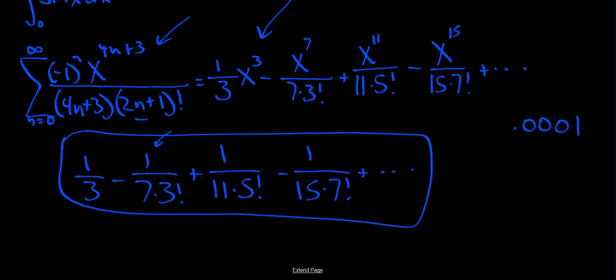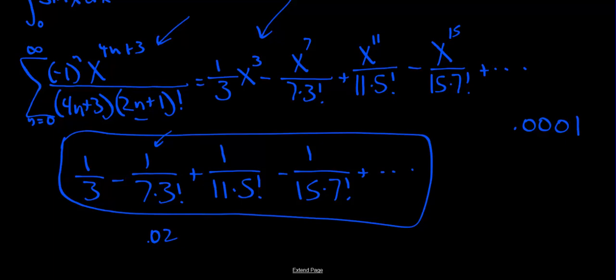I left off a parentheses. Divide it by 7 times 3 factorial. And that gives me 0.02, approximately. Sorry about that. I'm just rounding here. It's certainly not less than 0.0001.